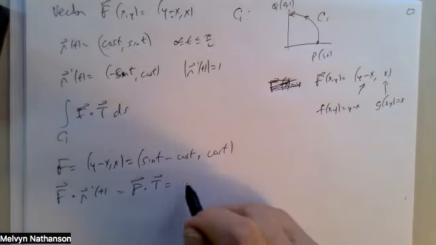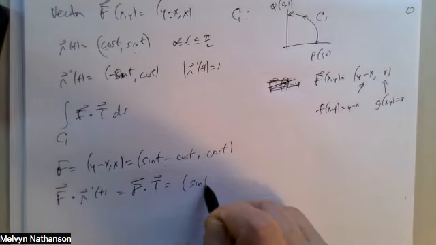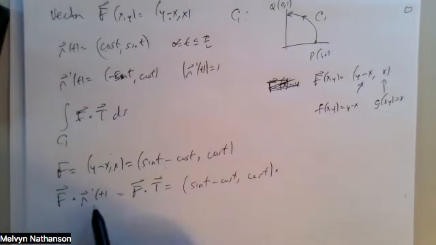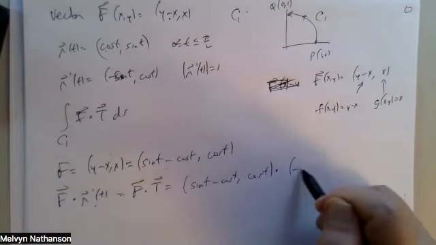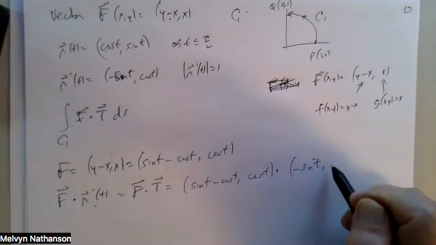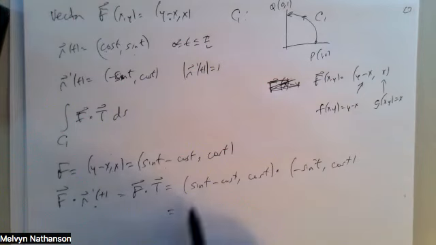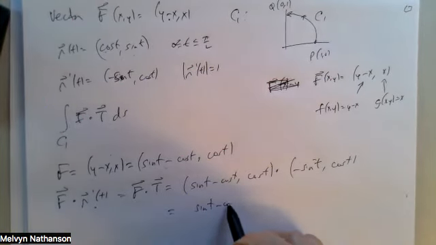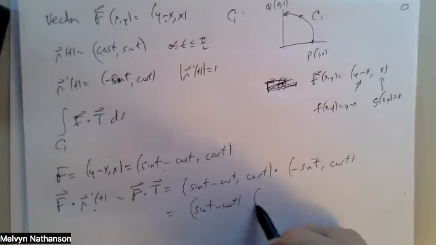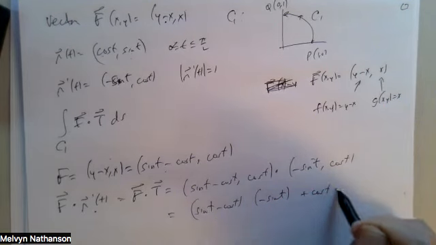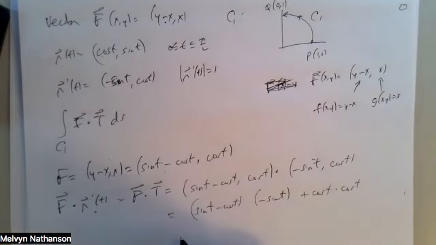This is the inner product, the dot product, sine t minus cosine t comma cosine t, dot product with r prime, which is minus sine t, cosine t. So the dot product, multiply the first coordinates, sine t minus cosine t times minus sine t, plus cosine t times cosine t.